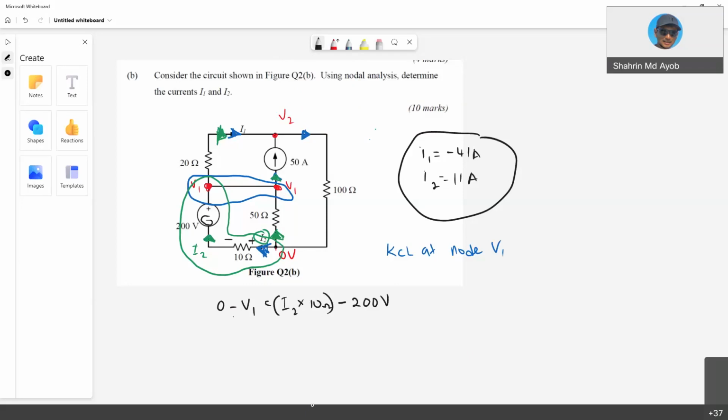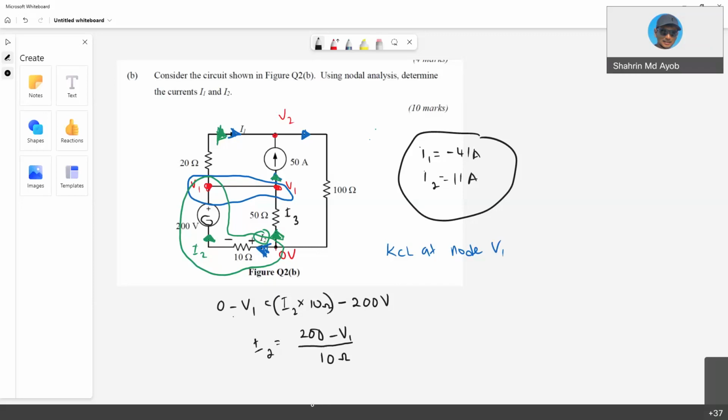So negative V1 is equal to I2 multiplied by 10 ohms minus 200 volts. I rearrange this, so my I2 is 200 minus V1 over 10 ohm. And this one, I just put I3.